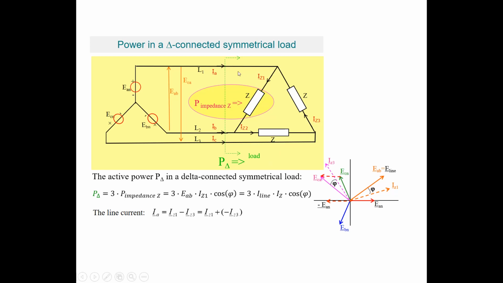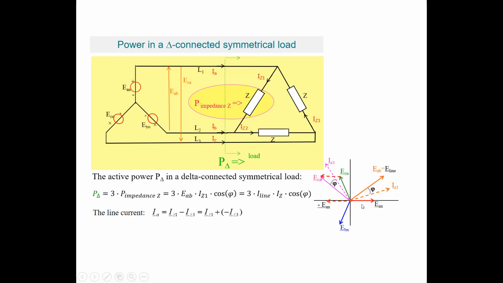So at this point, we can say IA is equal to IZ1 minus IZ3, or we can say it's IZ1 plus the inverted IZ3, so plus minus IZ3. Remember, these are all vectors because we are looking at the phase vectors, the phase diagram.